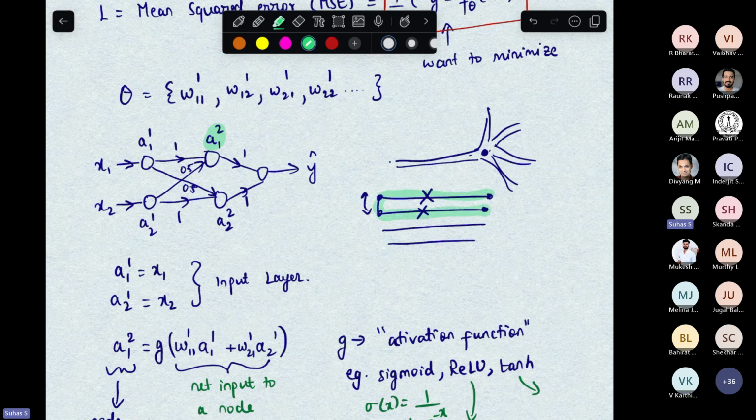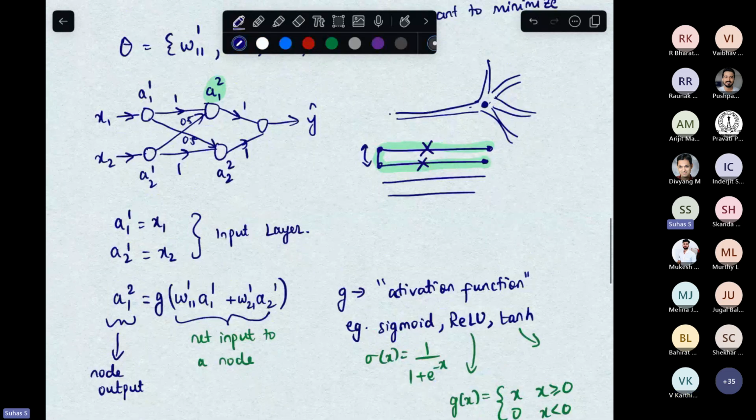This could cause problems. Essentially what we are trying to do is parallelize these nodes so that if one thing goes wrong, you can always learn with another node. Of course, this is not an exact answer to your question, but typically this is the convention that you follow in deep learning and neural networks. Got it.